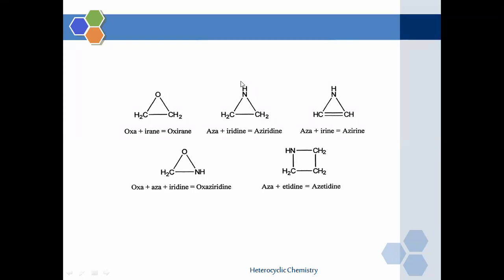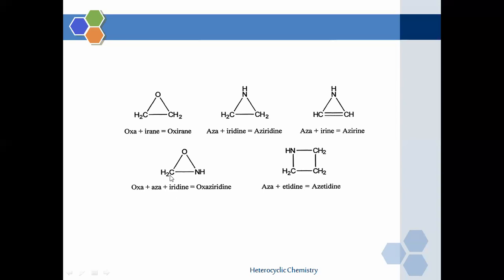This structure is completely saturated, and this structure is partially saturated and partially unsaturated. So the names of the compounds are different: the completely saturated aziridine, and for partially unsaturated azirine. For that, you have to memorize those two tables containing the prefix and the stem. If you memorize these two tables, you can write the structure of any compound.